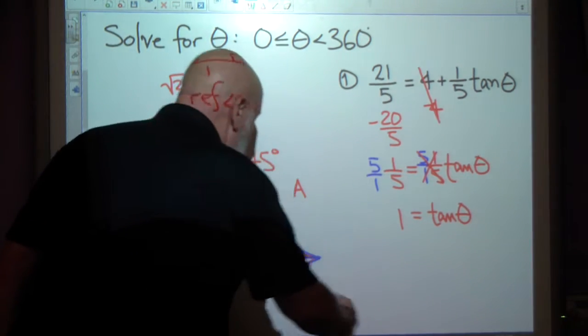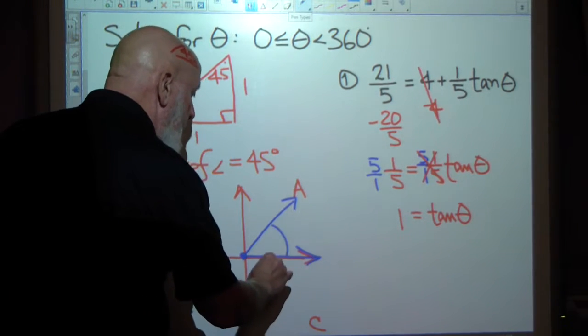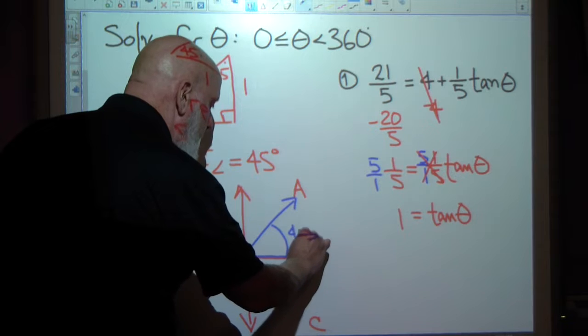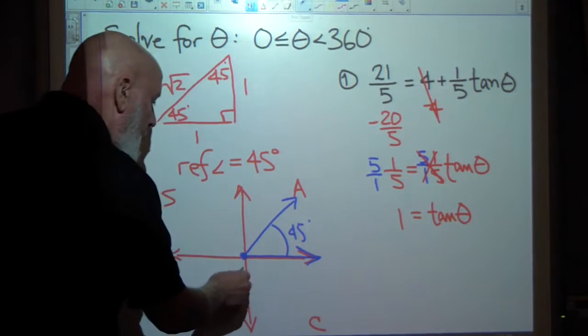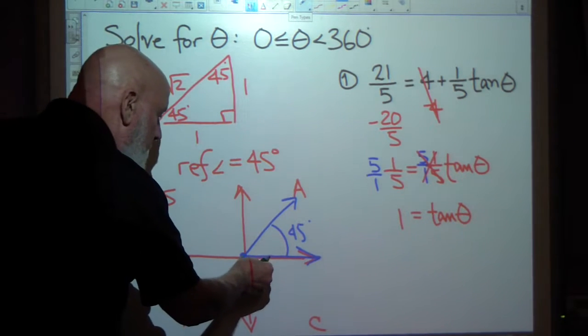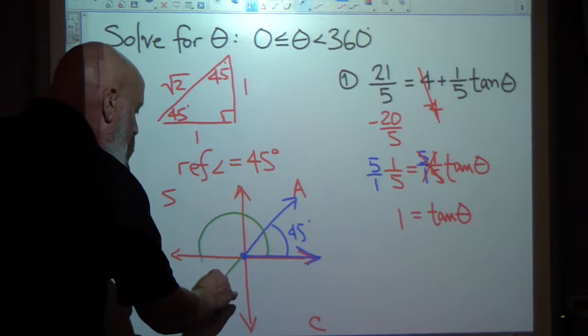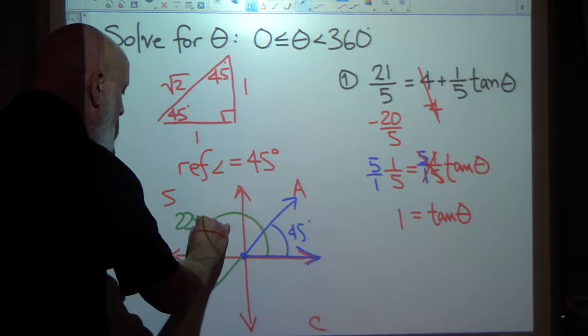So I'm looking at an angle of 45 degrees as one of my answers. Or my angle could be in quadrant 3, which would be 180 plus 45, which is 225 degrees.